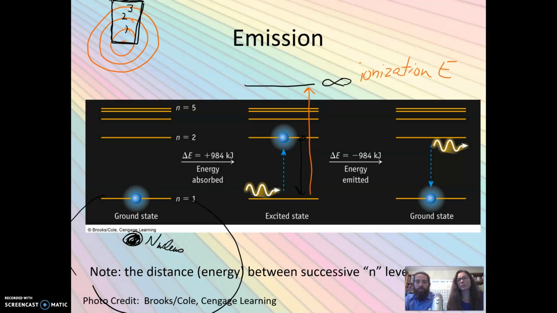Just like when we were talking about the photoelectric effect, there was a certain amount of energy required to eject the electron. When you remove or eject an electron, you've made an ion. That's why it's called the ionization energy. You might see this with the different lines coming up, and then all of a sudden you end up with an infinity, and it's just gone.